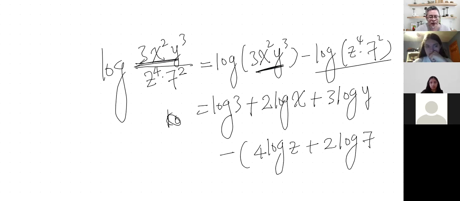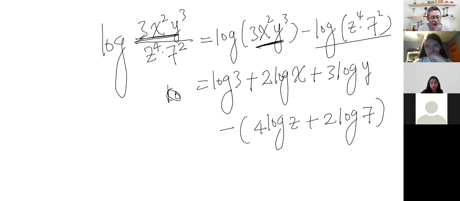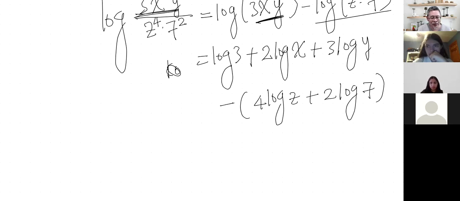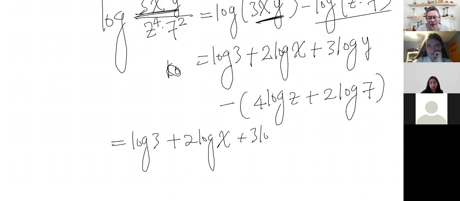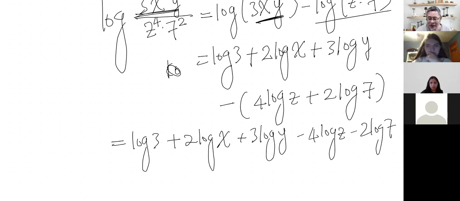And so what we got there is log 3 plus 2 log x plus 3 log y minus 4 log z minus 2 log 7. Yep. Good.